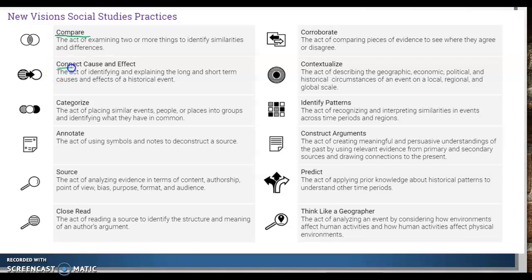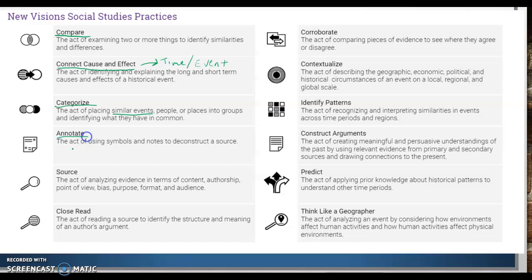We try to connect cause and effects between time periods or events because that helps us to frame what we're trying to study. So we're going to connect cause and effect, time, and events. Try to place things in categories. Placing things in categories lumps them together by similar events.